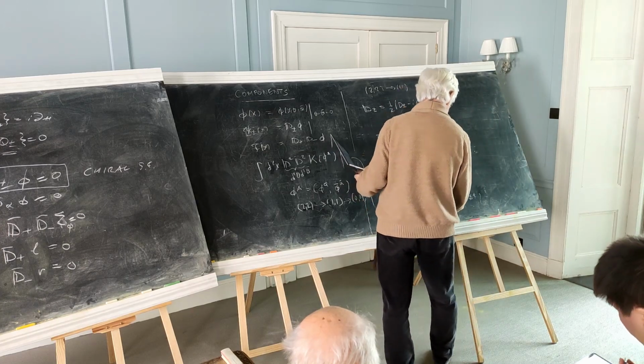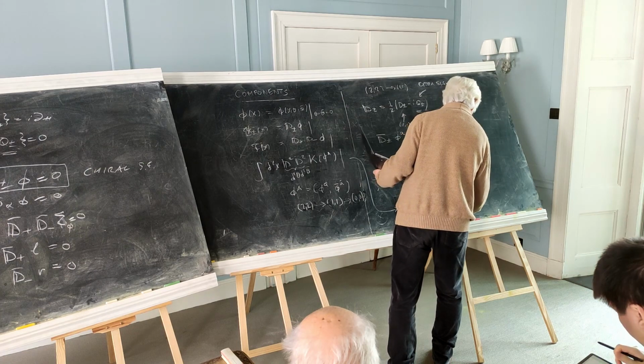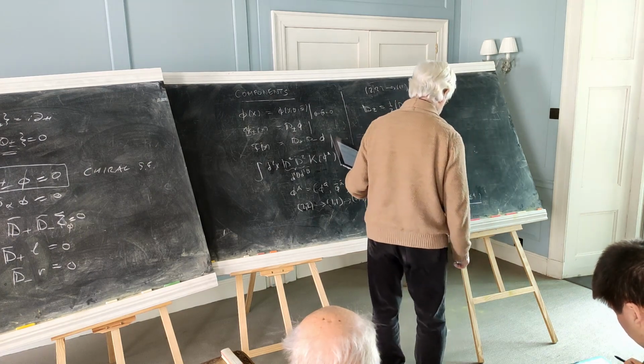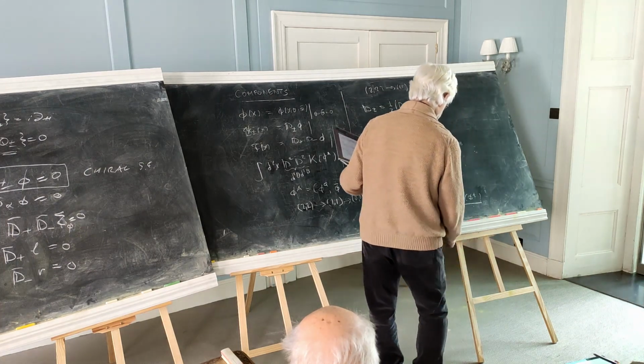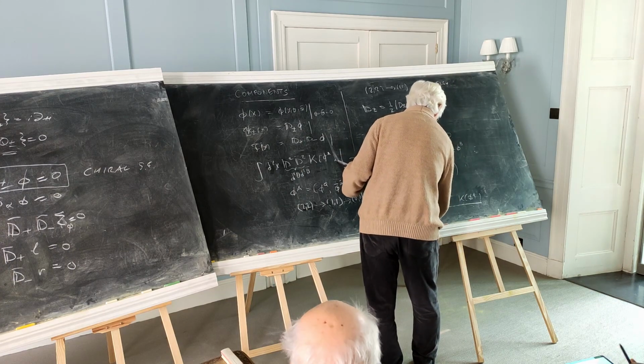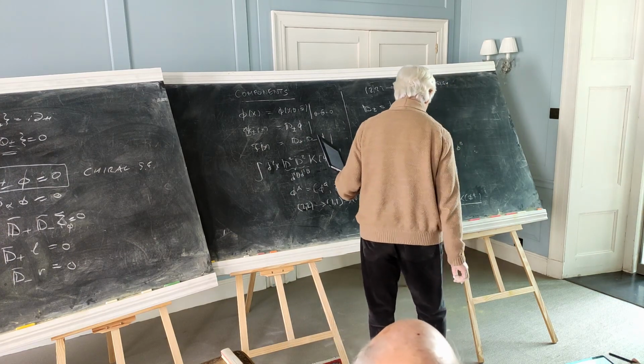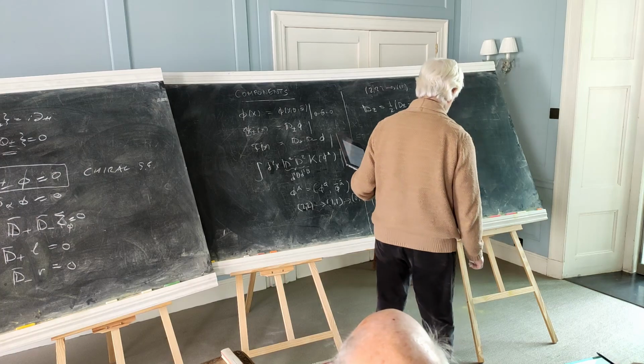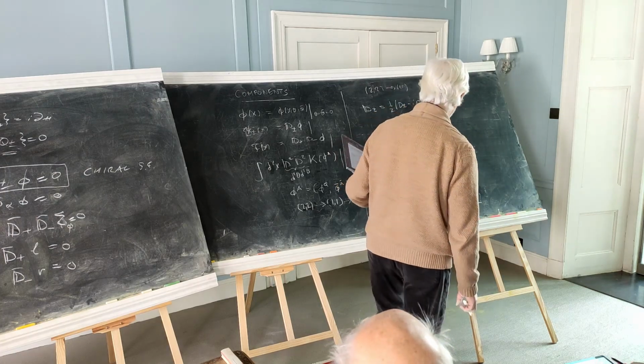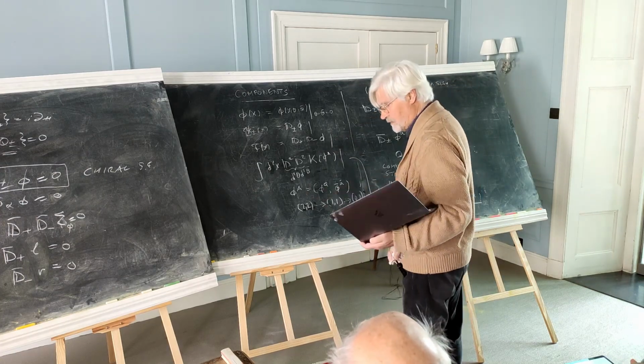So now what we have to do is evaluate that part. Then we will get the 1,1 action, which has measure d^2x d^2 theta. So I'll have to do that over here, I'm afraid.